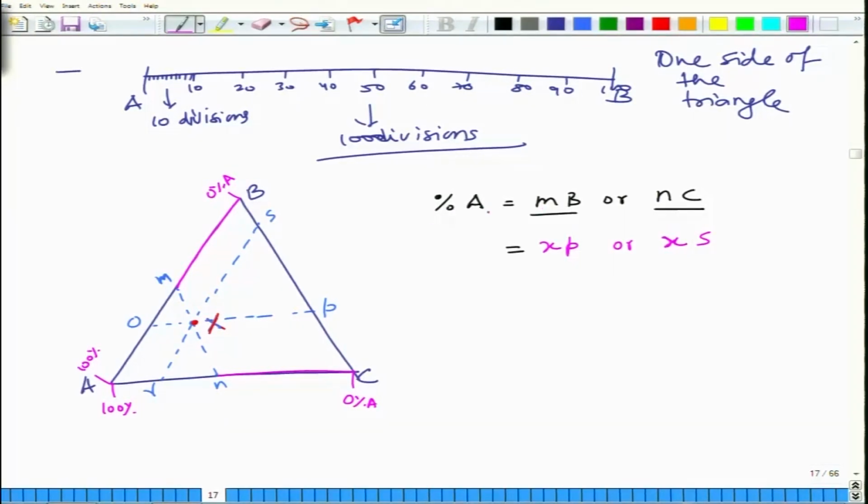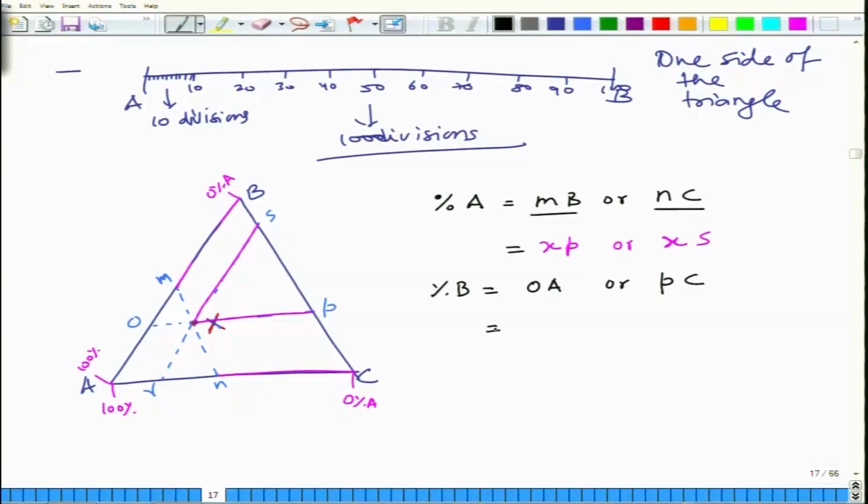So, percentage A is equal to MB or NC, which is also equal to XP, this line, and it is also equal to this line. They are all equal lines. Similarly, percentage B is equal to either OA or PC.